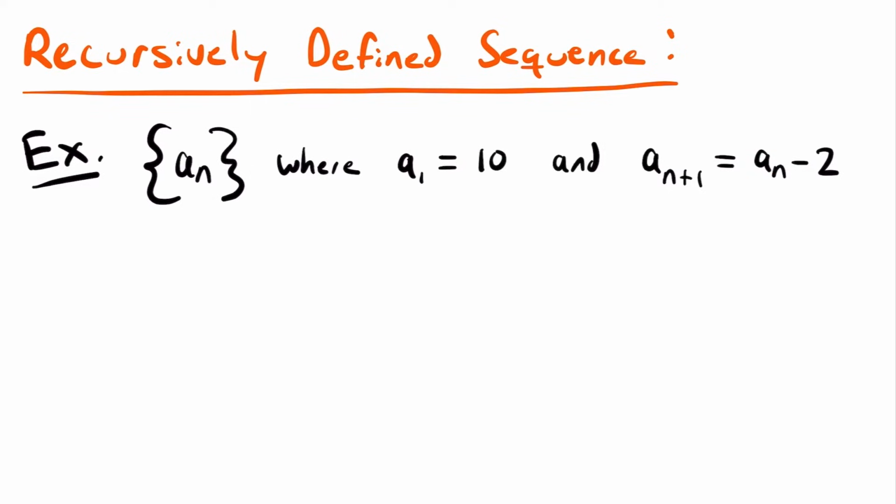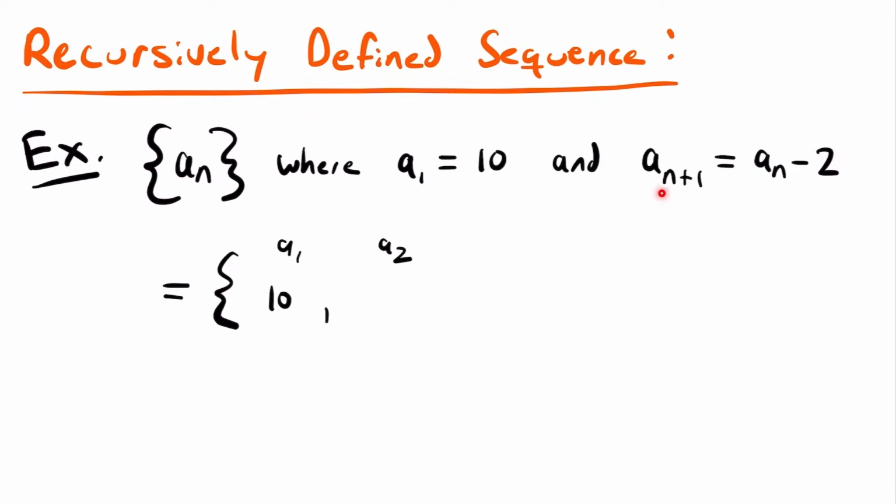So let's write out the terms here. Let's see what this would look like. Our first term, we are told, is equal to 10, right? A sub 1 is equal to 10, and so a sub 1 is 10. But then what would a sub 2 be? Well, the next term, a sub n plus 1, will be equal to the previous term minus 2.